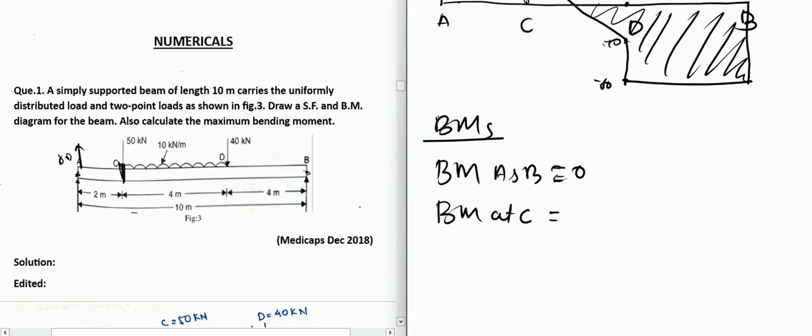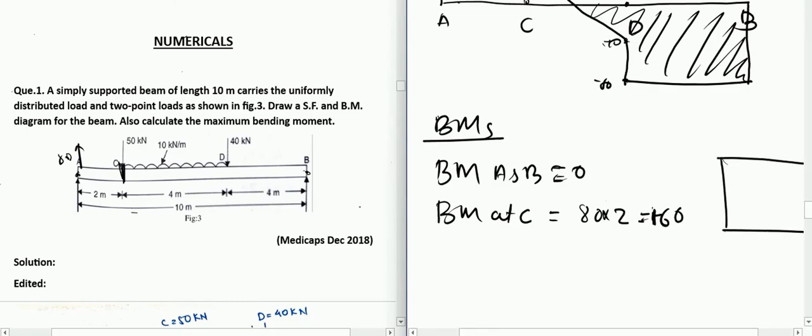So 80 into 2 will be 160, and it is in the clockwise direction, so that's why it is positive. The sign convention is: whenever you are calculating bending moment from the forces on the left of the cross section, you need to take clockwise as positive and anti-clockwise as negative. Whenever you are considering left forces, you need to remember this.